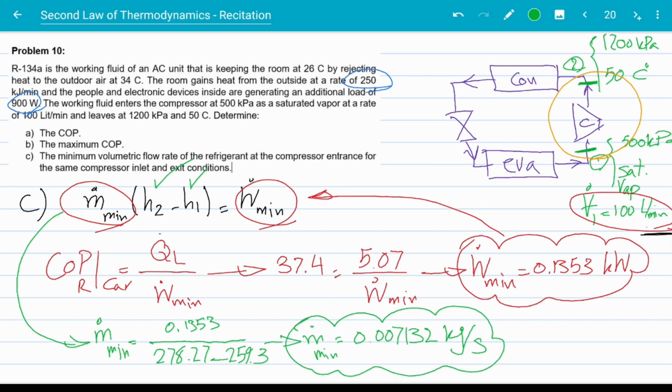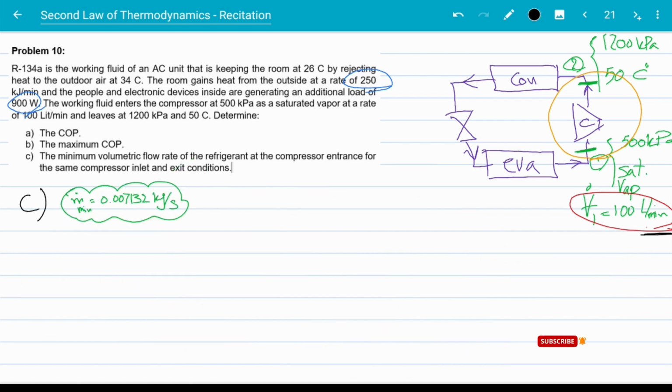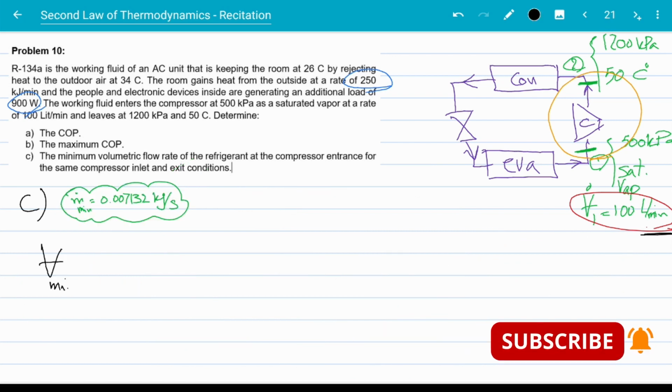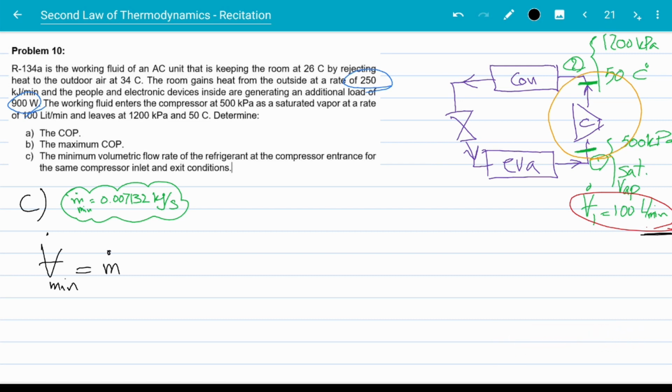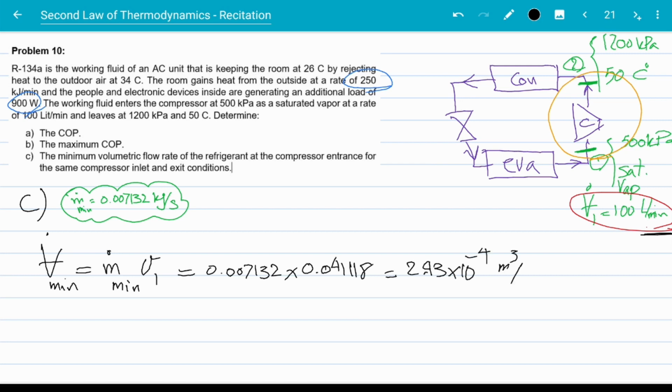But this is not what the problem wants. The problem wants the minimum volumetric flow rate. So volumetric flow rate is mass flow rate times the specific volume at state 1. Again, the specific volume of state 1 has not changed, so we can use our previous number. We get 0.007132 times the specific volume, which is 2.93 times 10 to the minus 4 meters cubed per second.